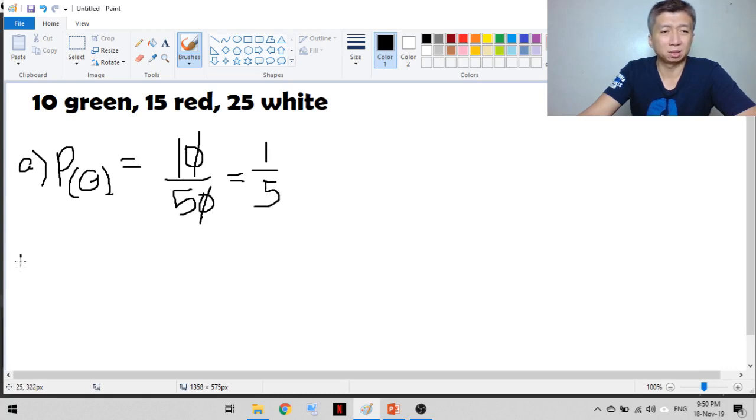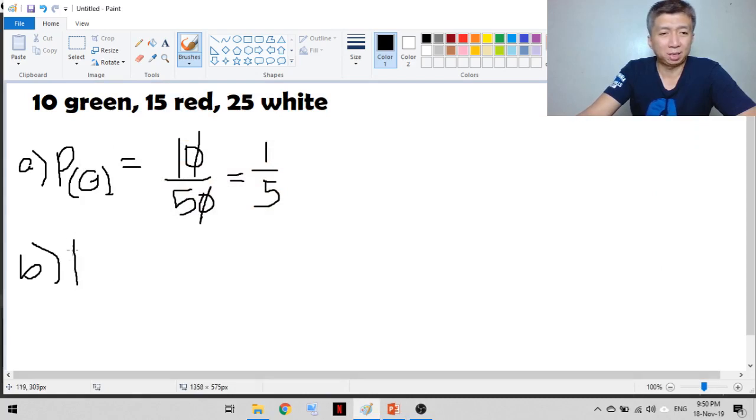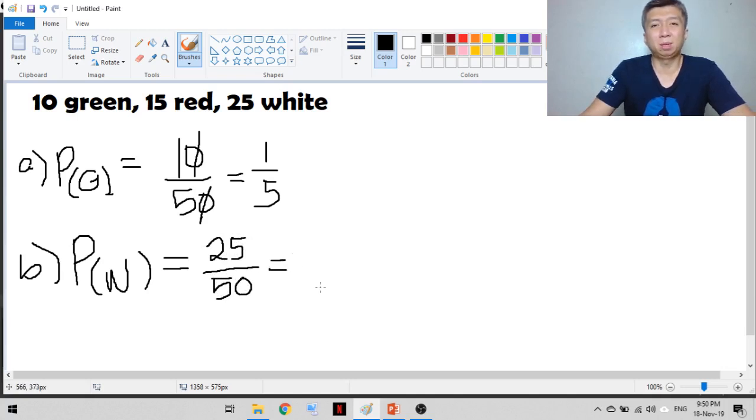Next, letter B. A white ball. Meron tayong 25 white balls. W na lang susulat ko. So, meron tayong 25 out of 50. Kung nahirapan kayo mag-simplify, isipin nyo, ilang 25 pesos meron sa 50 pesos?